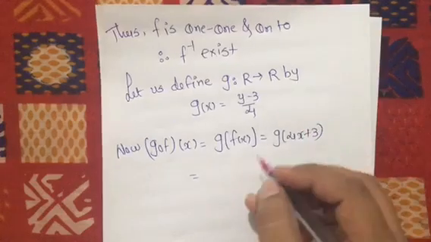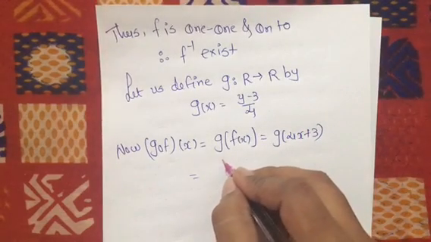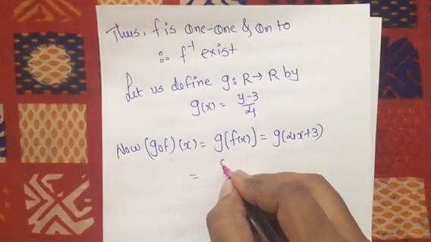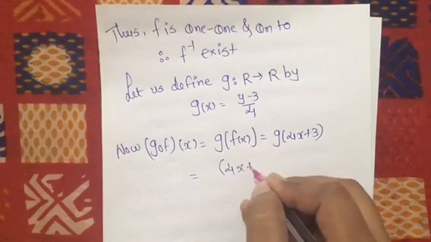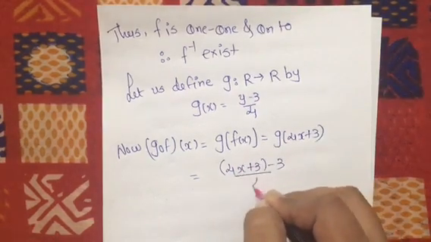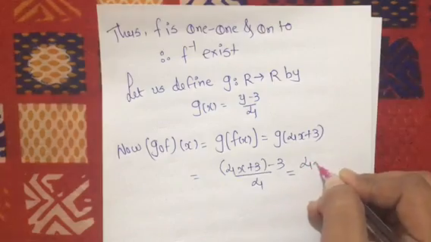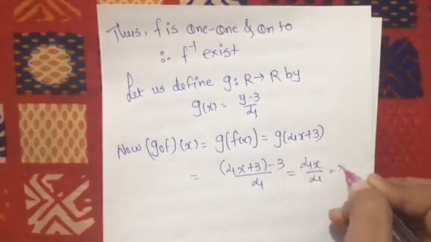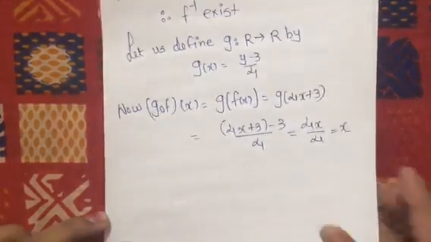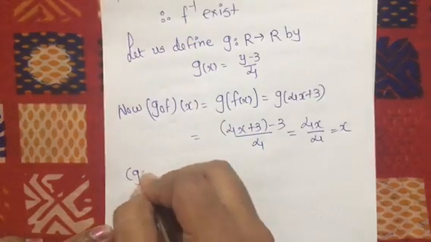Here we put the value in place of x. So it is (4x plus 3 minus 3) divided by 4. So this is 4x divided by 4. The answer is x.